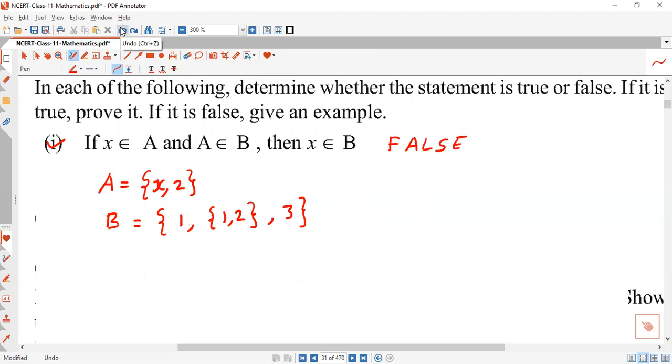We say this is the X element. Take it here X, so that here X does not belong to B. So in this example, you see that here X does not belong to B. So this statement is false.